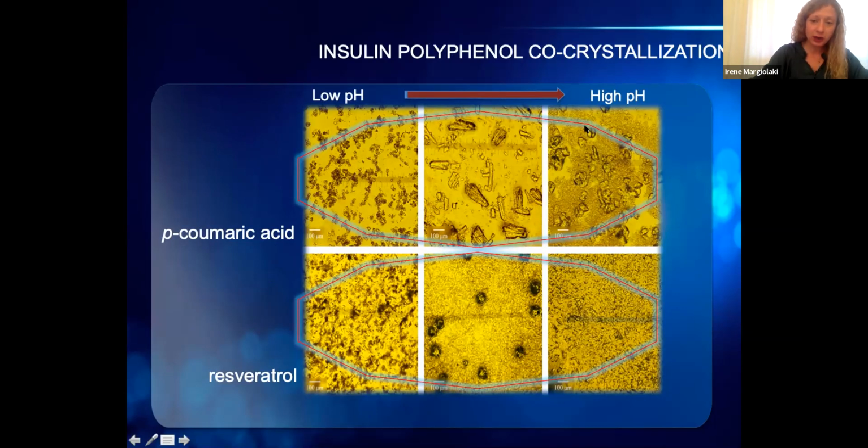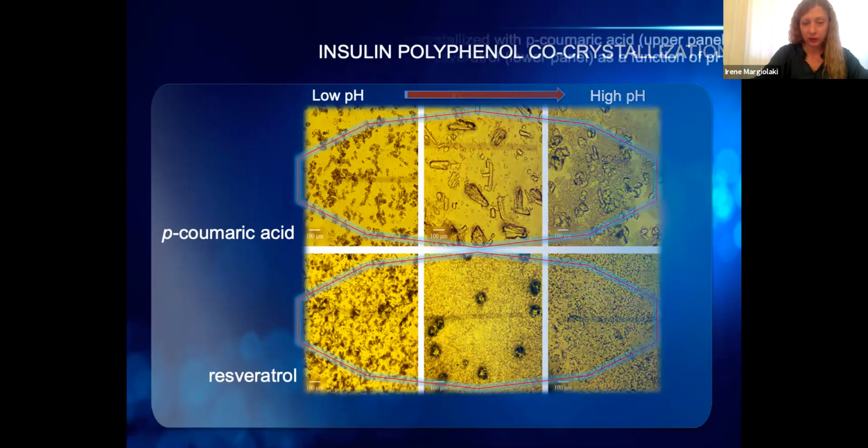In the upper panel, you see 3 samples with this ligand and 3 other samples with this ligand. So again, via optical microscopy, one can really see the polymorphism which is coming up.